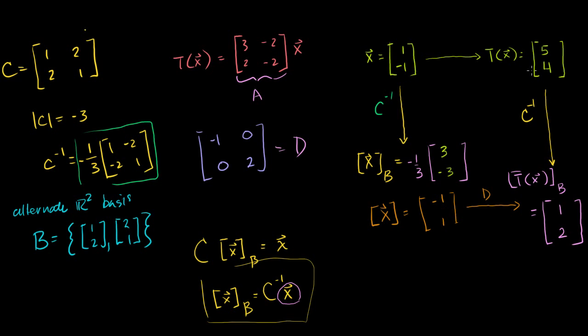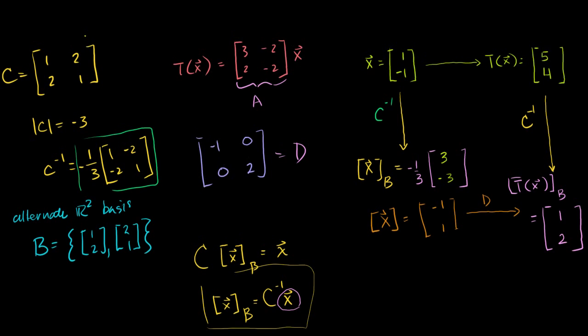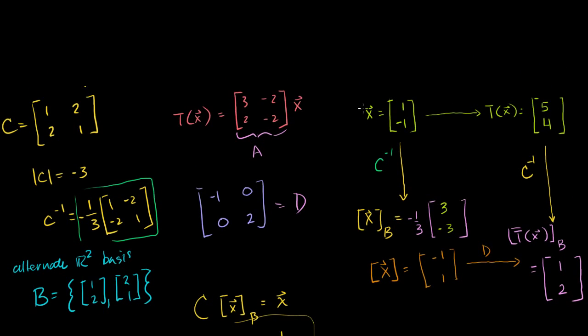So let's see what I get. Let me do it right here. I'm going to multiply the vector 5, 4 by C inverse. So we're going to have minus 1/3 times 1, minus 2, minus 2, 1.